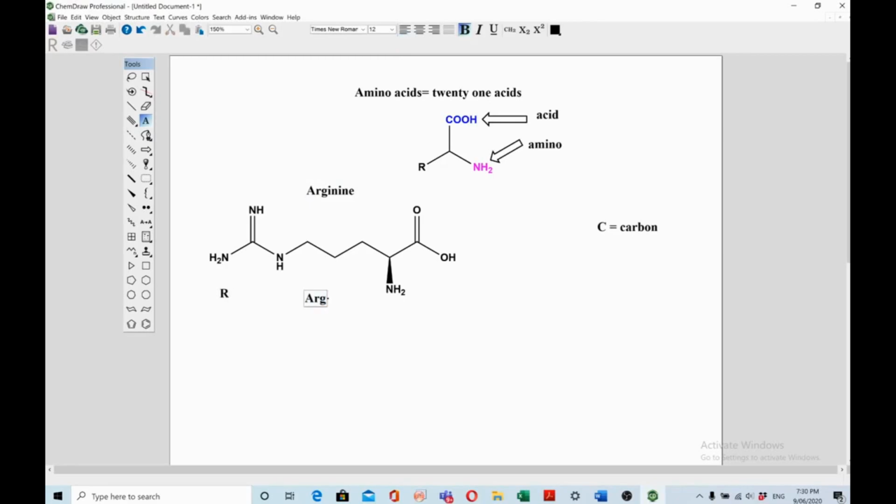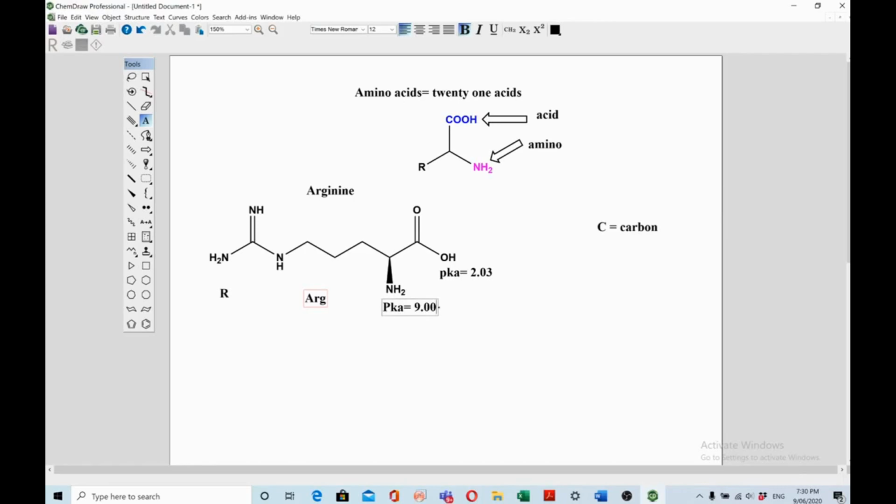So it has 2 codes, and we will discuss the pKa values. The pKa value of this OH is 2.03, and the pKa value of NH2 is 9.0.